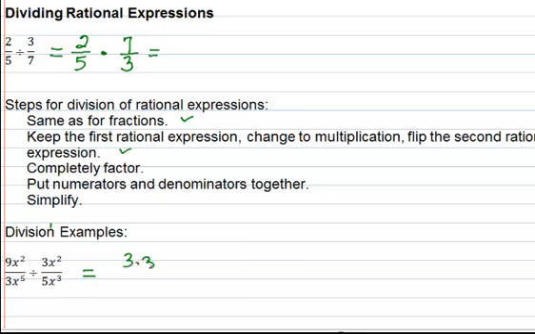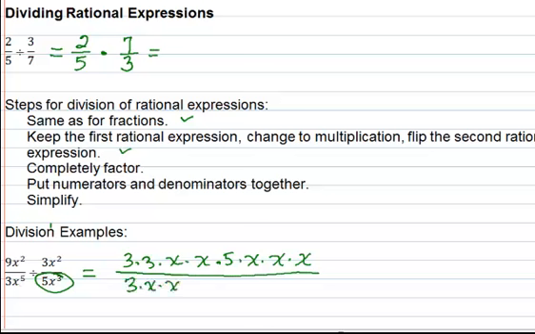So 3 times x, and then remember I'm flipping, so this is going to be 5 times x, and I'm skipping writing out a step here just because this is a small problem, and I want to get through this quickly so we can get to the good stuff. 4, 5, and then we have 3 times x, and then again we look for anything the same top and bottom.